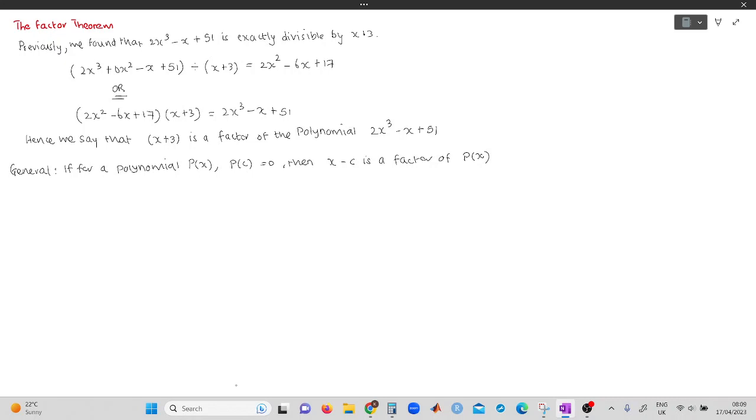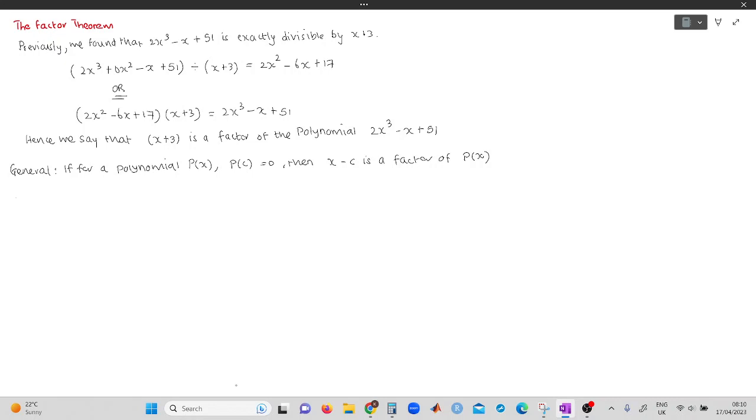Okay? Maintenant, we can also do it une autre façon. Donc là, on fait comment dire, mais pas besoin de servir division. Just show me without any division that x plus 3 is a factor of 2x cubed minus x plus 51.